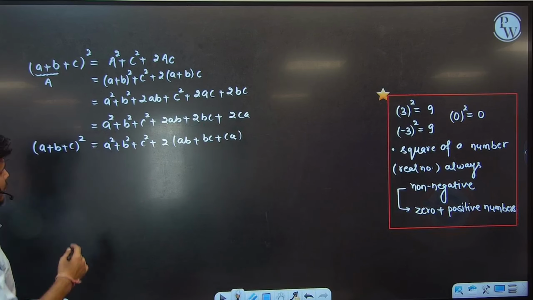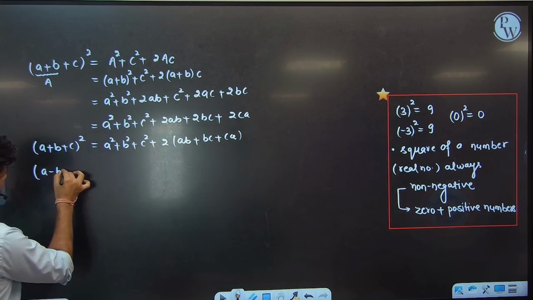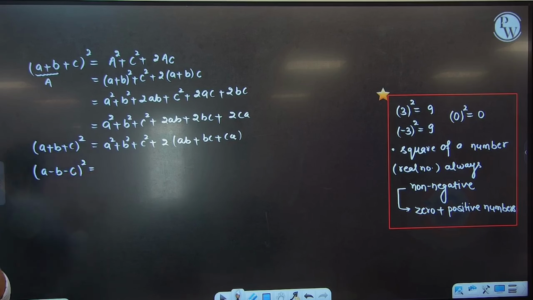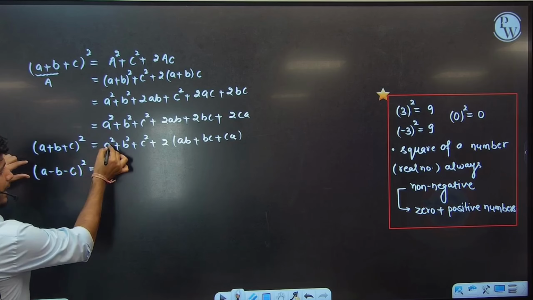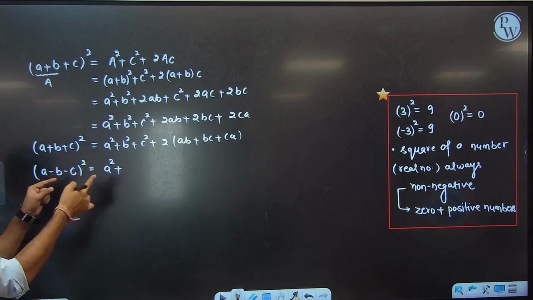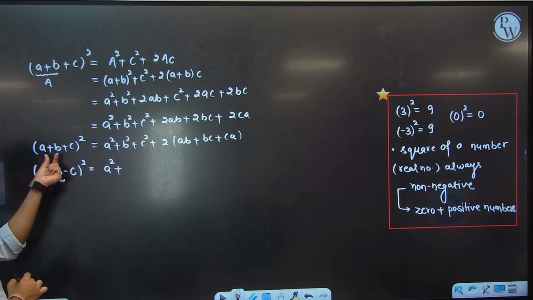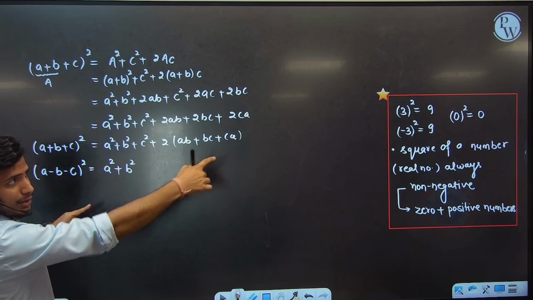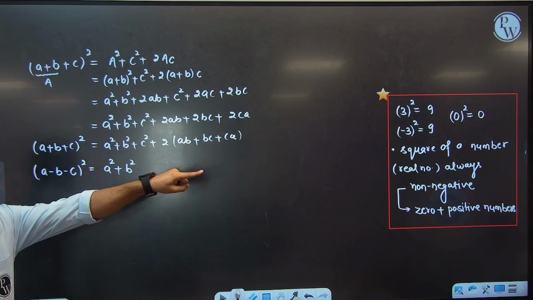Now (a minus b minus c) whole square. Here a square, plus minus b square, because here minus b, here plus b. So minus b square is also b square, by the result of minus 3 whole square is equal to 9. Are you getting my points now?